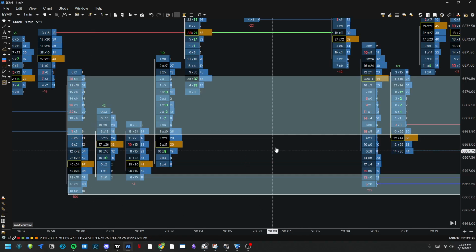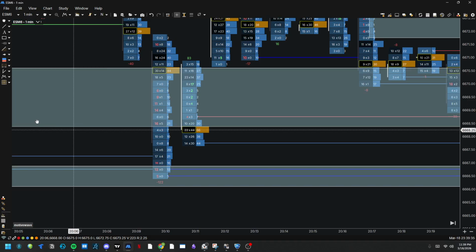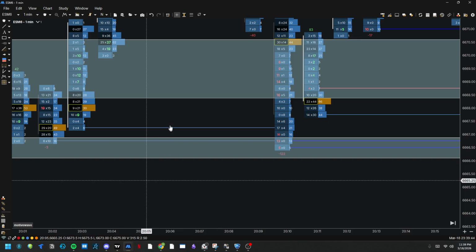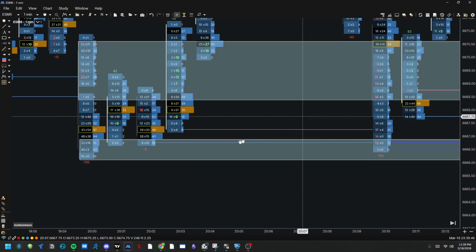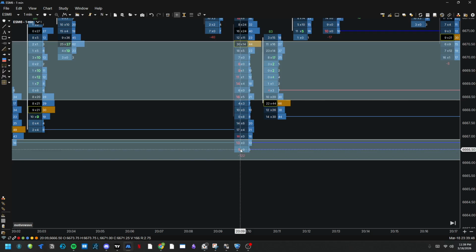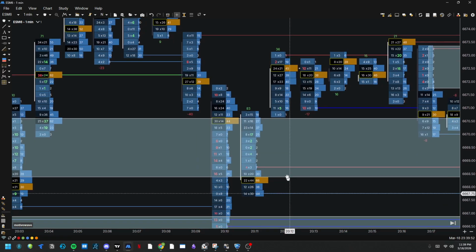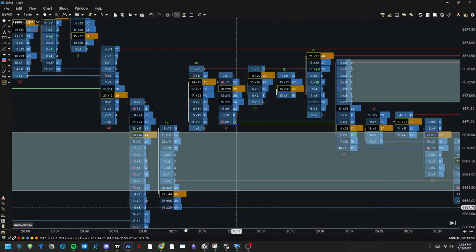As you can see, we later came back down, tested it, made 3 stacked imbalances. If you didn't get filled in right here, or you weren't in the market, this is a great opportunity to refill back into the longs, and you will catch yourself a nice scalp, a beautiful scalp actually.